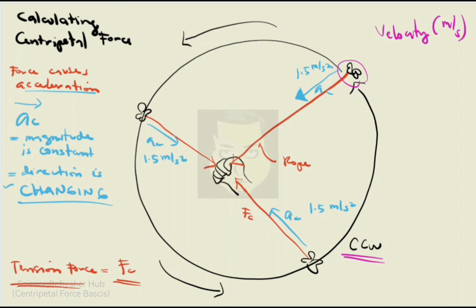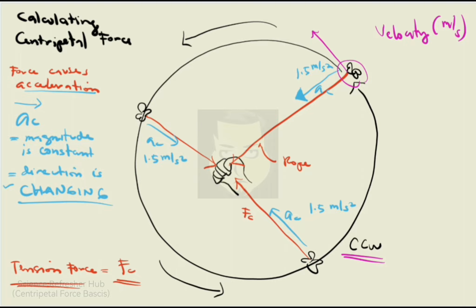The direction of the velocity should always be perpendicular to our acceleration and force. Since the object wants to move in a straight line, if there's no centripetal force, this object will fly out in that direction. Okay, but since we have centripetal force, it will maintain its circular motion.